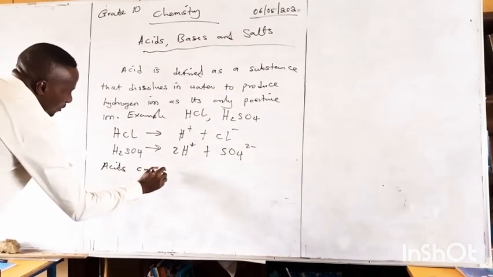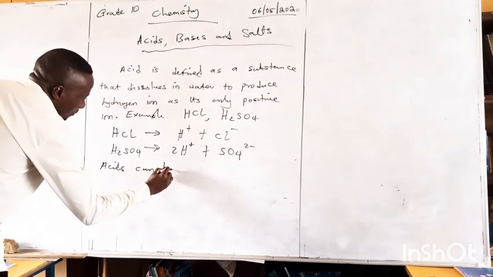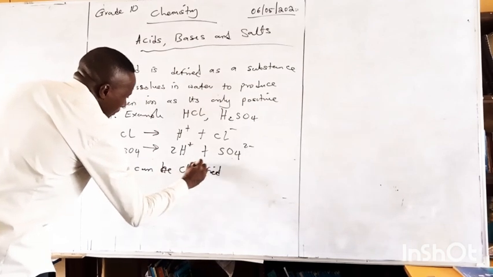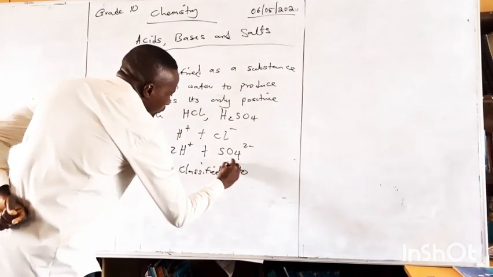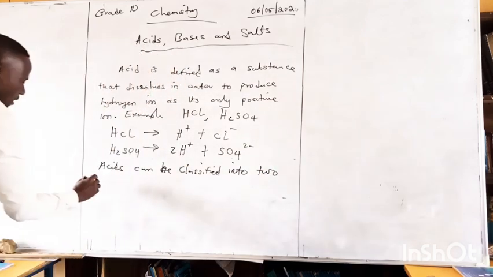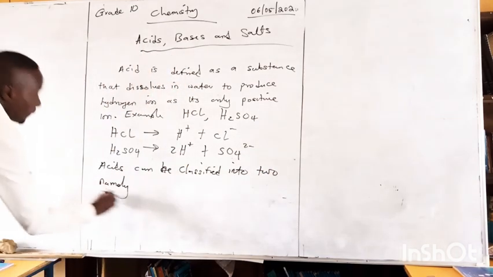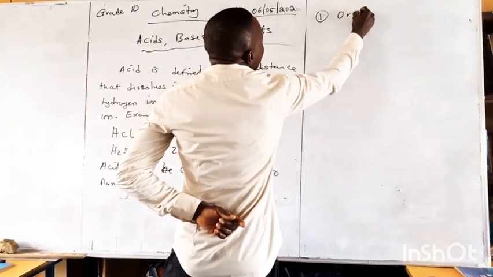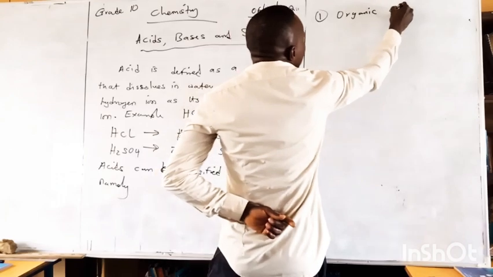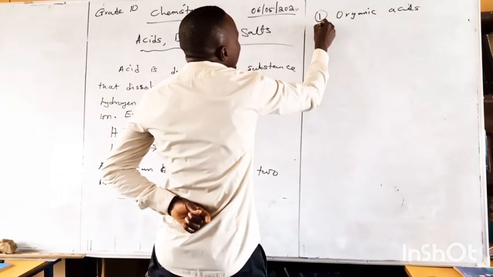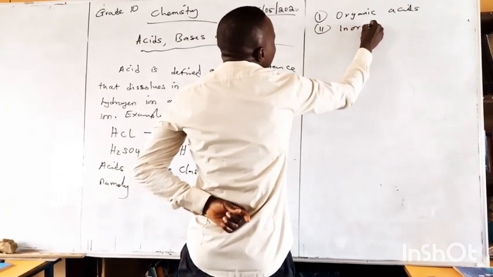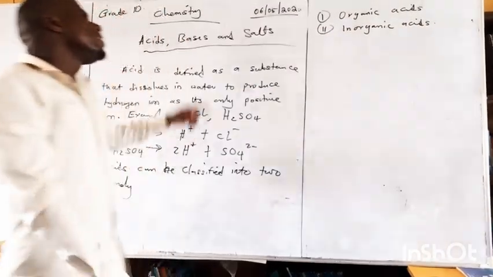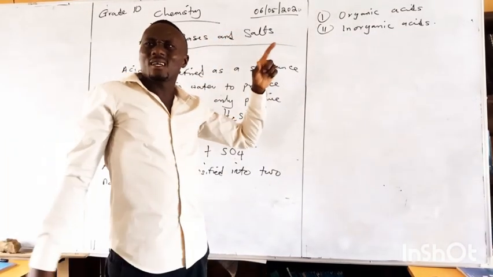Acid can be classified into 2, namely, number 1, organic acids, and number 2, inorganic acid. Organic acids are acids gotten from animals and plants.